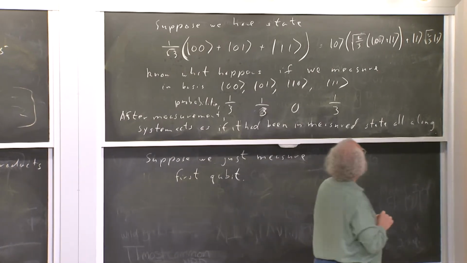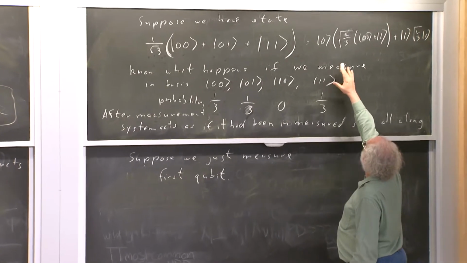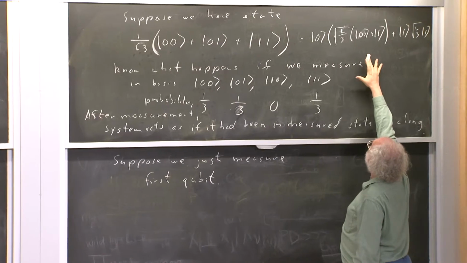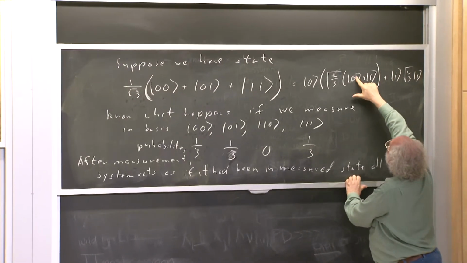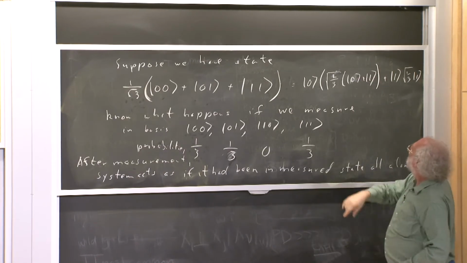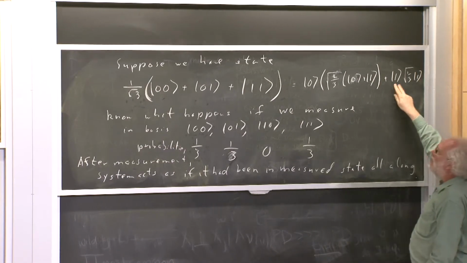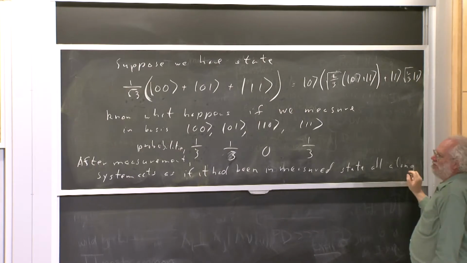Okay, so if we measure 0, the remaining qubit should be in |0> plus |1>. And if we measure 1, the remaining qubit will be in |1>.